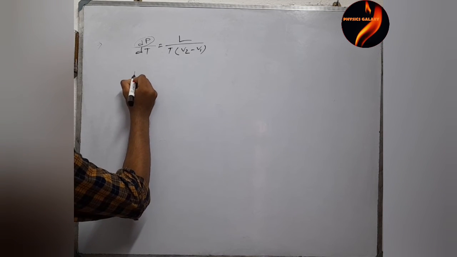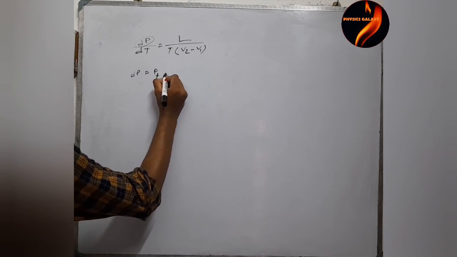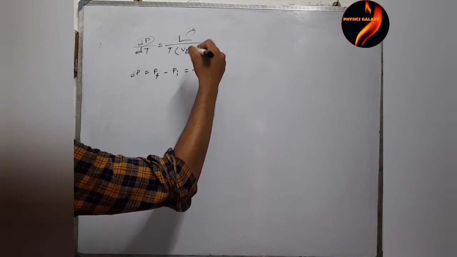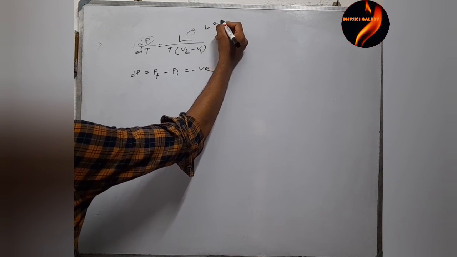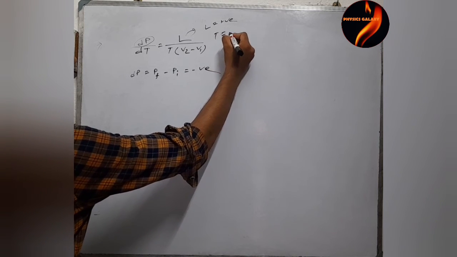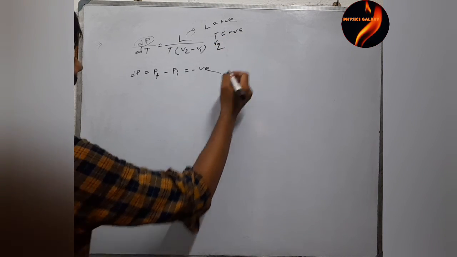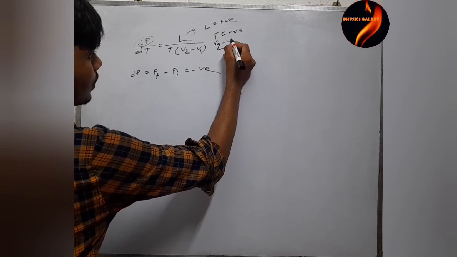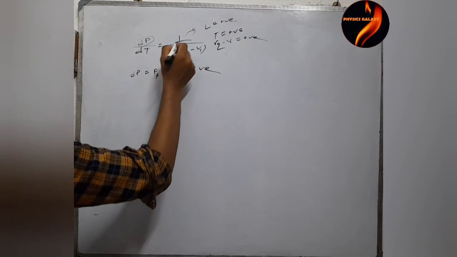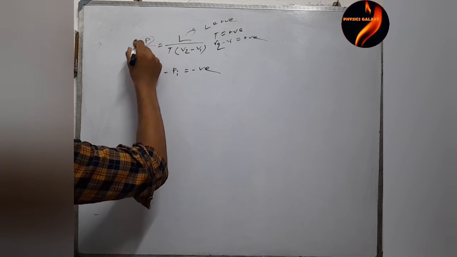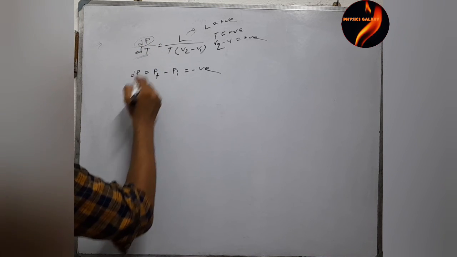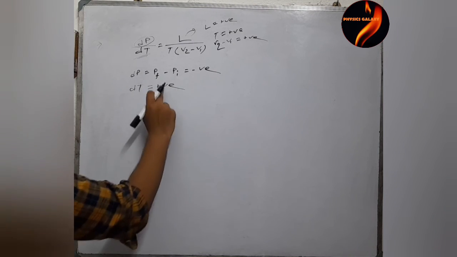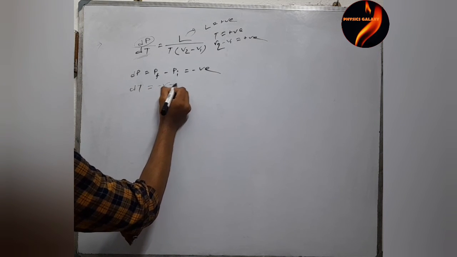So dP, the final pressure minus the initial pressure, is negative. For vaporization, L is positive and T is always positive, and the final state is the gaseous state and the initial state is the liquid state, so V2 minus V1 is always positive. To make this expression consistent, dT should be negative because dP is negative.